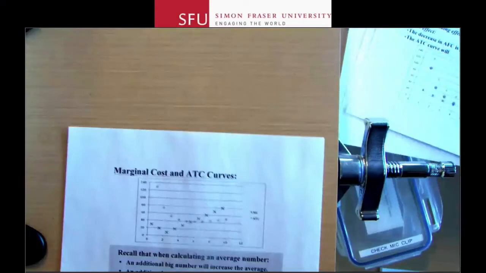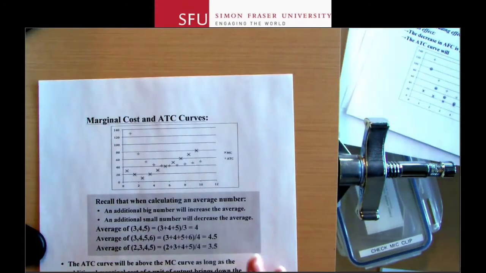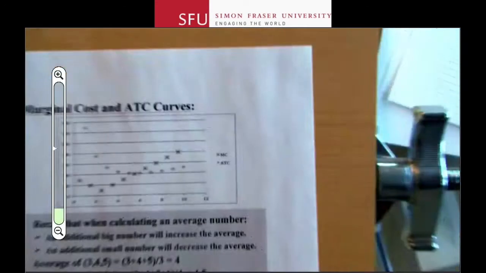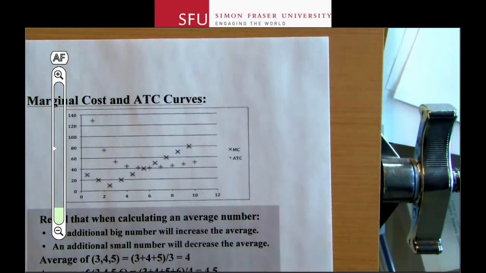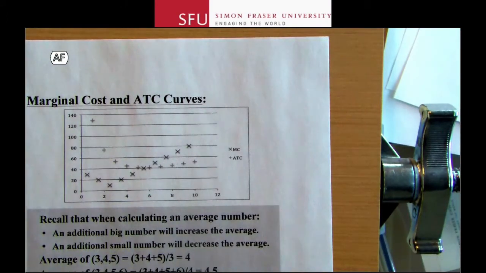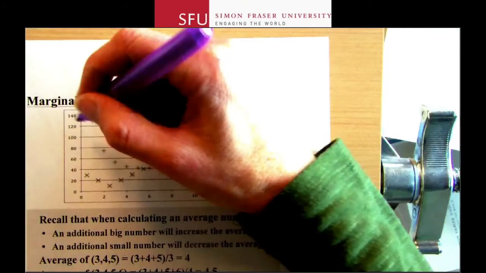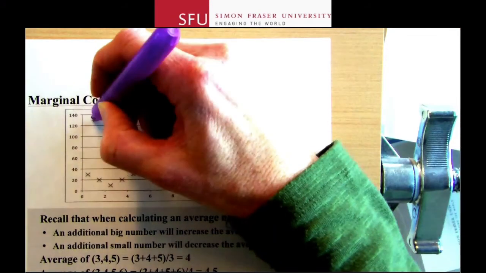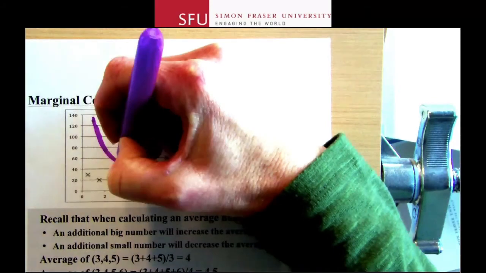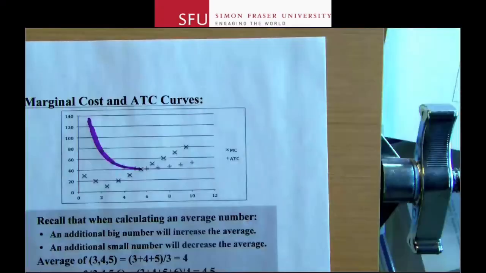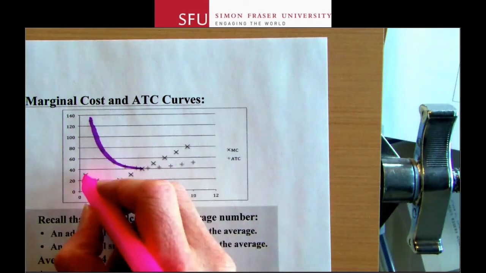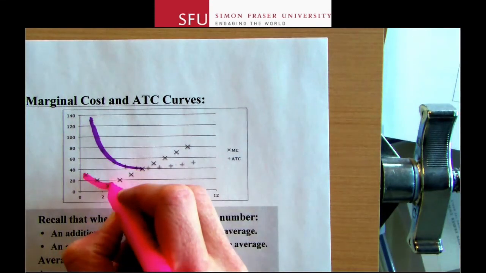Okay, and in this diagram on page 15, we just have the average total cost curve and the marginal cost curve. This one here is the average total cost curve. Notice that it's going down when the marginal cost of the extra chair is less than the average.